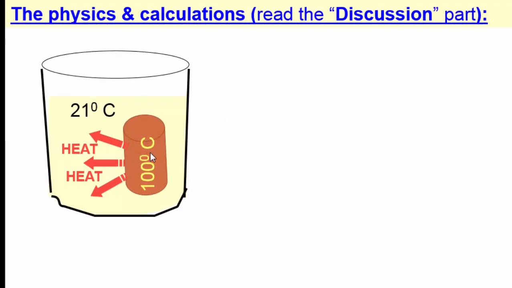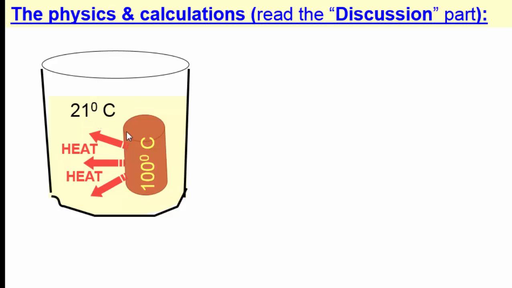So when you place a piece of metal, assuming its temperature is 100 degrees Celsius, inside a cup that has cold water, assuming the initial temperature of the water is 21 degrees Celsius, the difference in temperature between the metal and the water will cause heat to transfer from the object that has higher temperature to the object that has lower temperature.